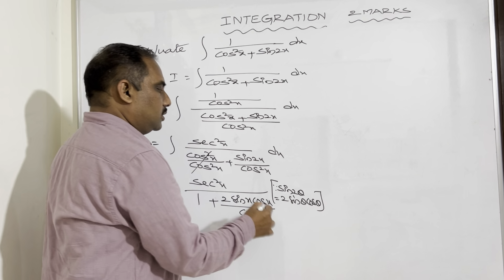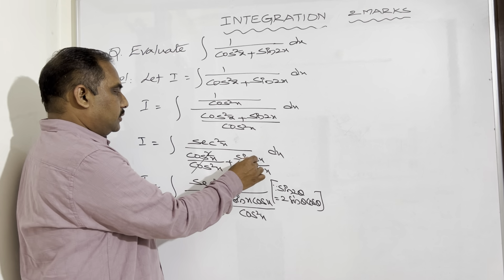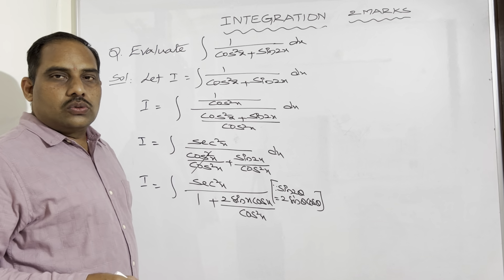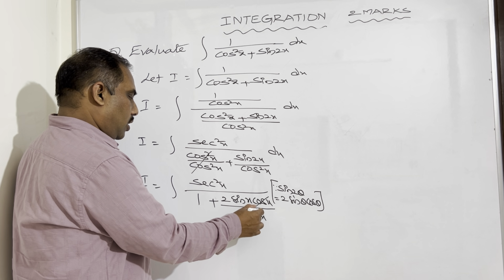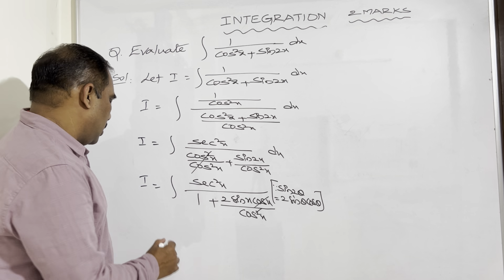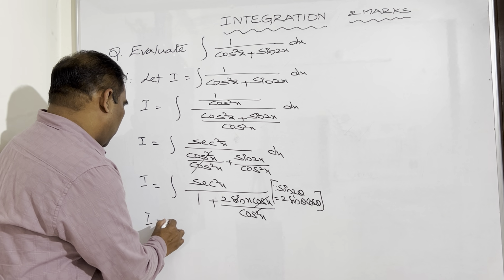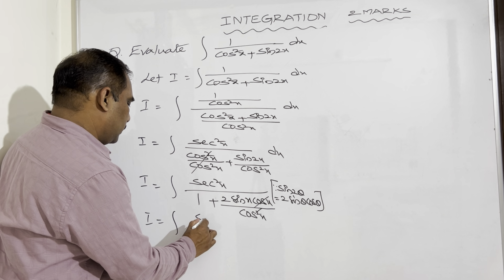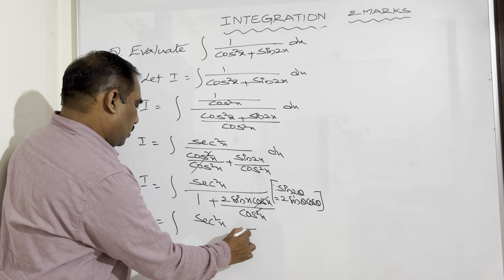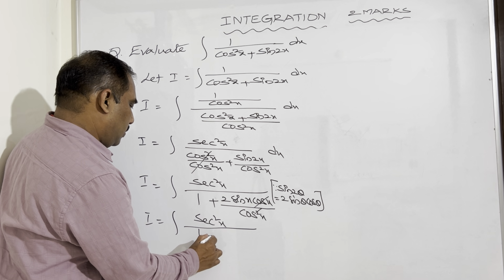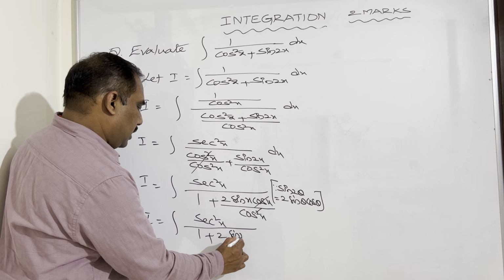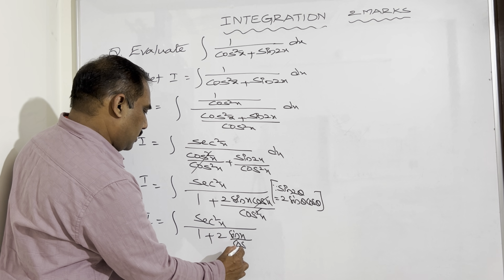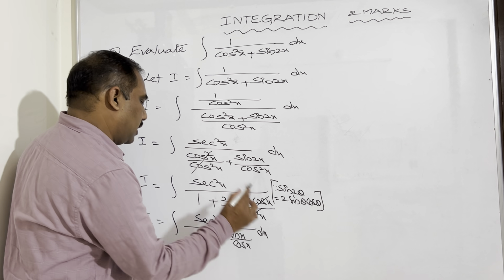As per this formula, we can write sin 2x as 2 sin x cos x by cos square x. Here cos x gets cancelled. We get I is equal to the integral of secant square x divided by 1 plus 2 into sin x by cos x, dx.